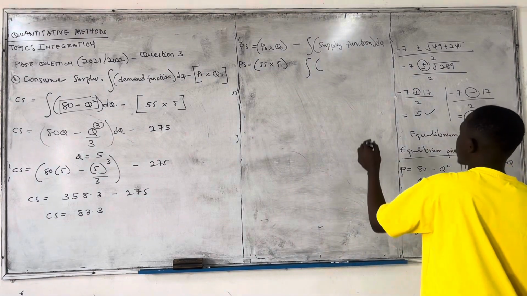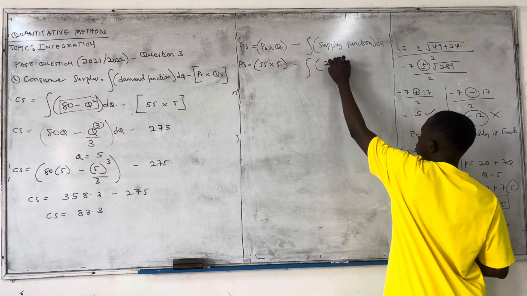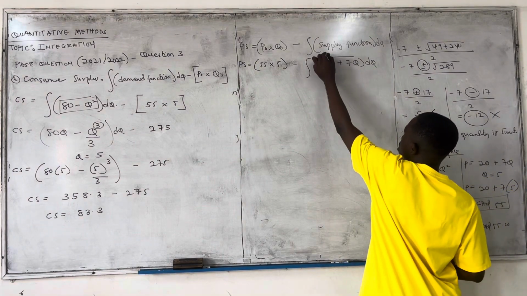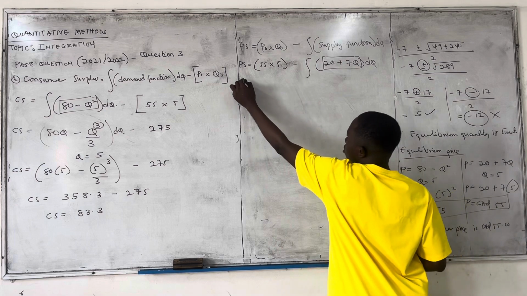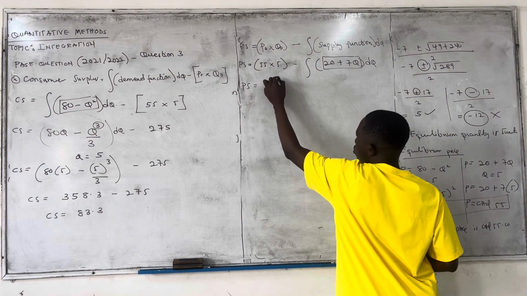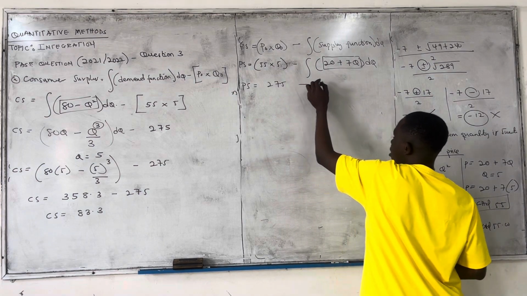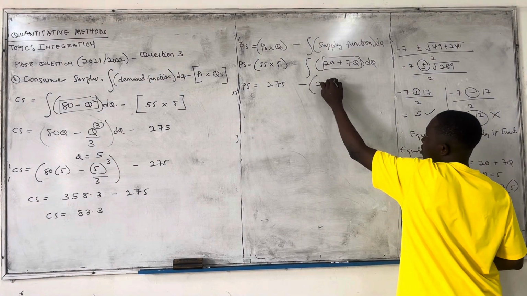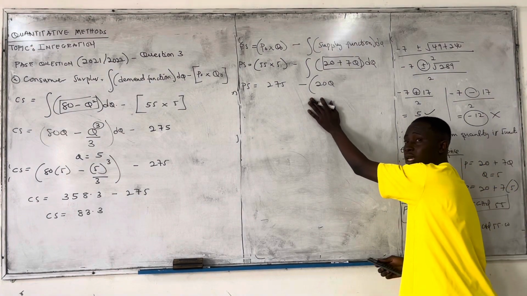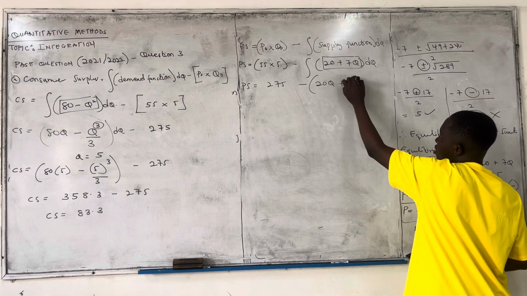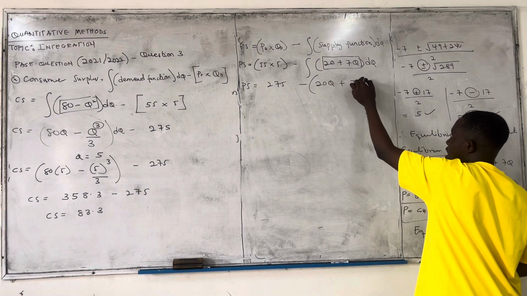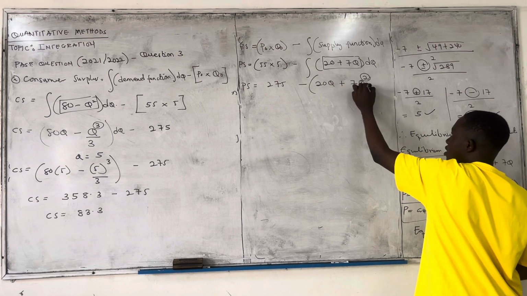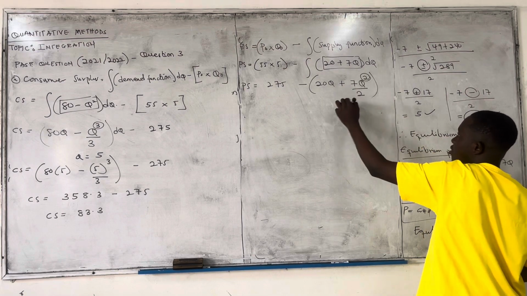The supply function was given as 20 plus 7Q. This is what we are going to integrate. So PS gives us 275 minus this. Integrating just a number, we add a variable, which is Q, because the question is using Q. Plus 7, just a variable, it already has an exponent of 1, plus 1 gives us 2. We divide everything by the new power.